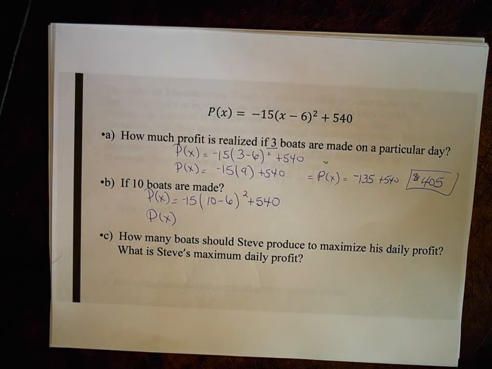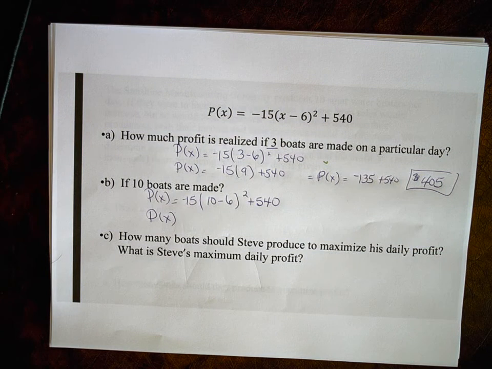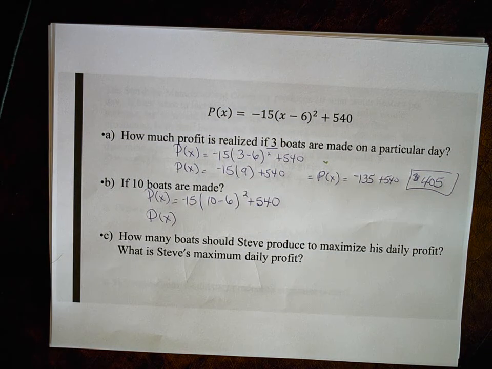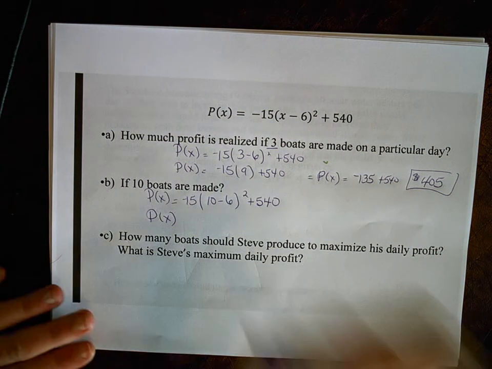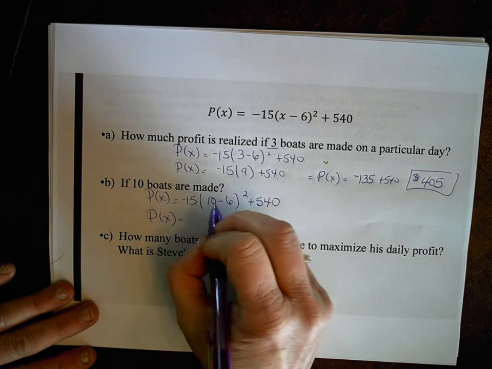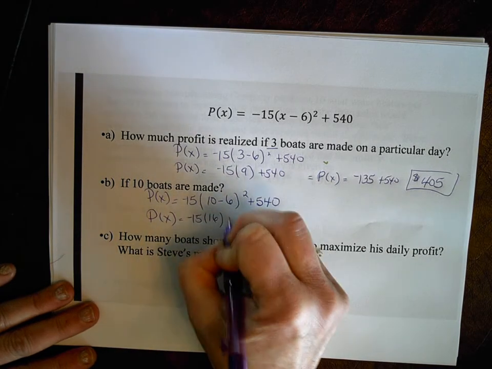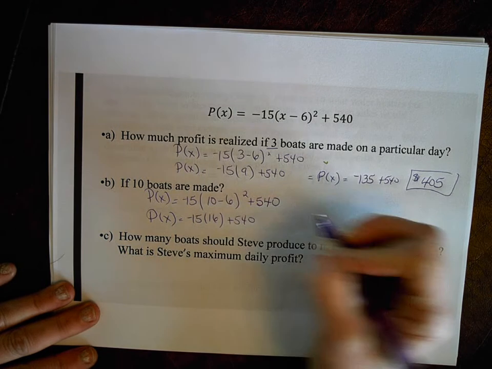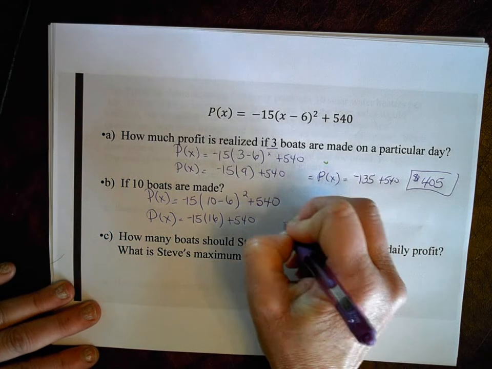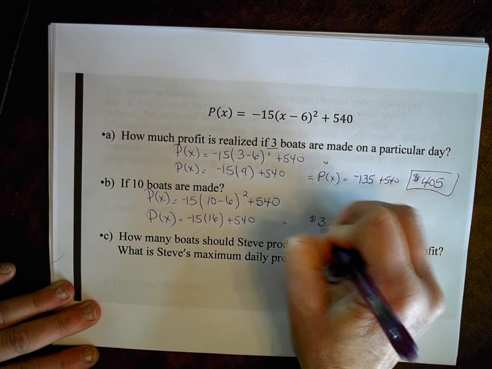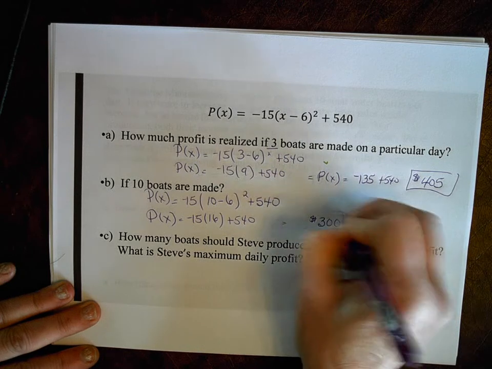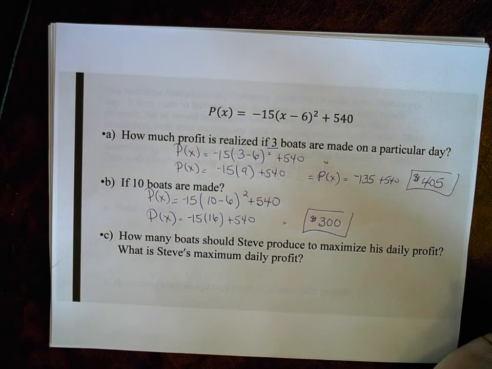Before 6, you're making more money. Then after 6, you're making less money. So now it's decreasing. So this would be 4 squared, which is 16. And if we calculate this, this now gives us $300. We didn't make as much money as we did if we only made 3 boats.